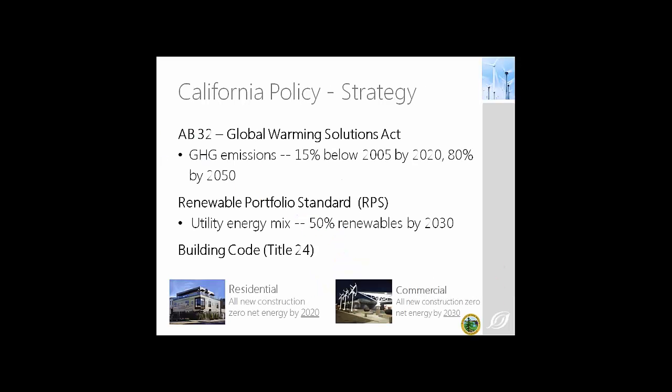So there's a few policies in California that really support the energy efficiency work that we're doing here. We have AB 32, Global Warming Solutions Act, which is monitoring greenhouse gas emissions.